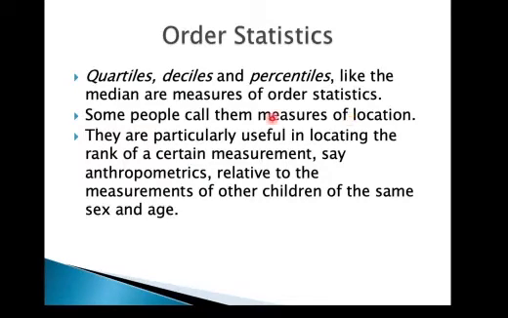So people call them also measures of location. And they are particularly useful in locating the rank of a certain measurement, say anthropometrics, relative to the measurement of other children of the same sex and age.